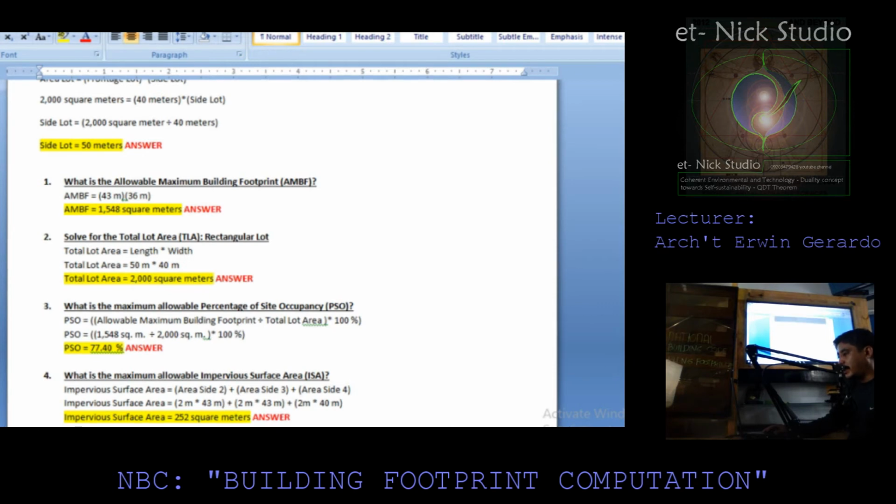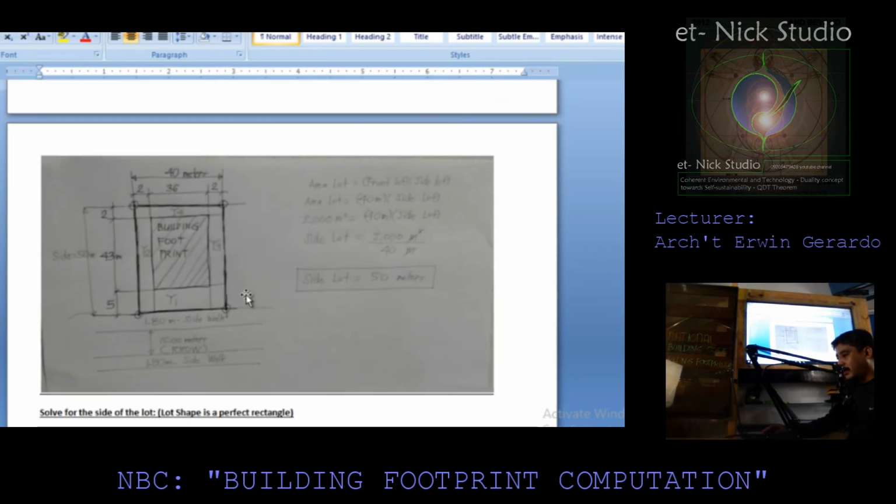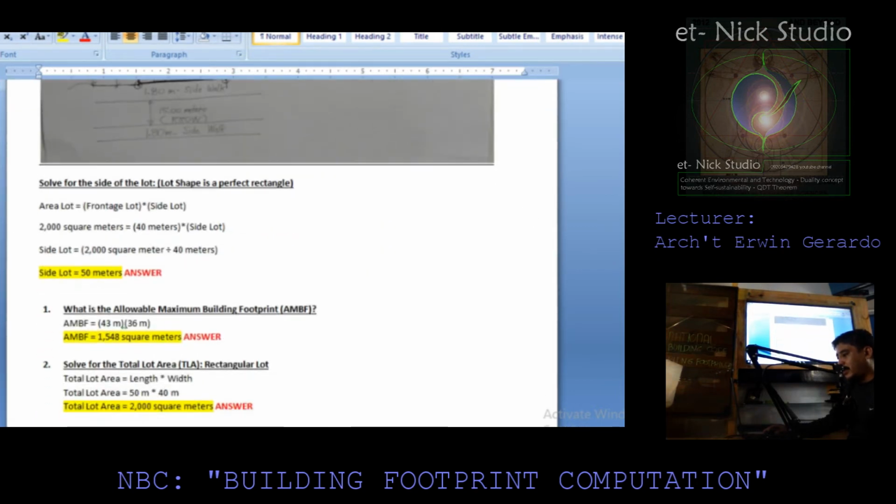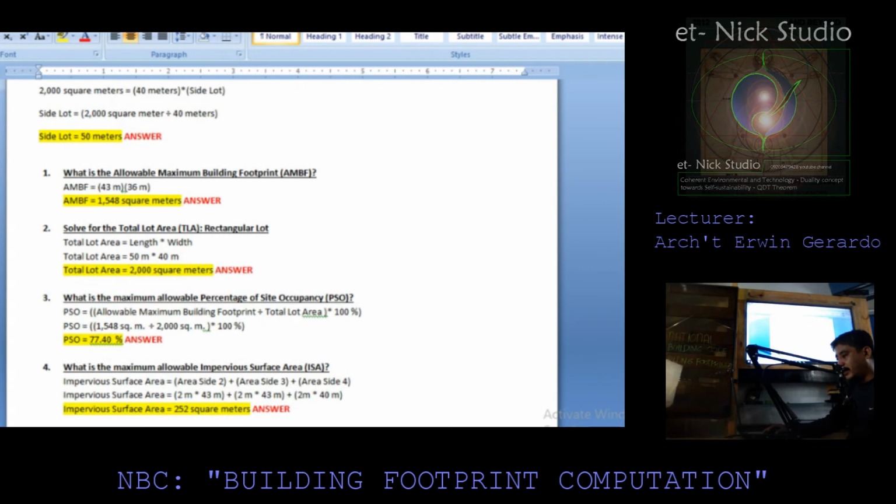So let us go over the figure. So take note that this is 2 meters wide and 43 meters long. This is where we took this value. So I named it as area of side number 2.